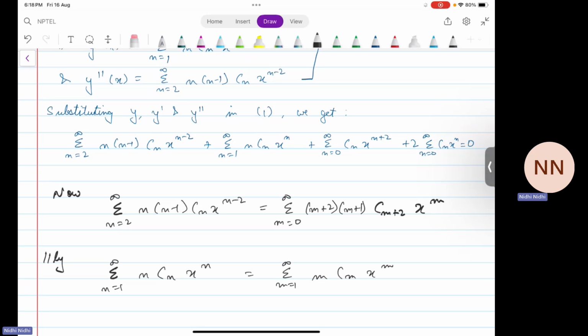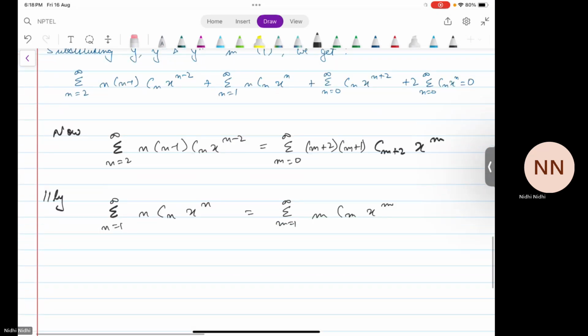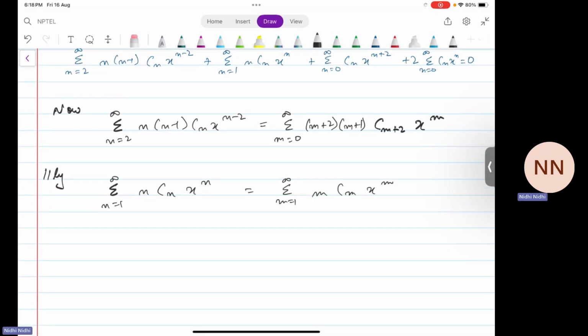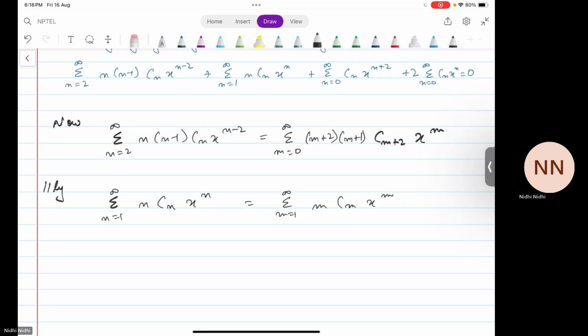Here we have just substituted n by m so that our equation becomes a bit more normal. Next we have the summation n from 0 to infinity of cn x to the power n plus 2. It can be written as the summation m from 2 to infinity of c m minus 2 x to the power m.